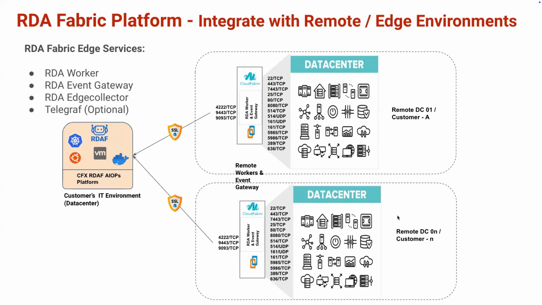As depicted in the picture, the platform will not have direct access to the end infrastructure. The platform will send the instructions to the worker, and the worker will have access to the endpoints. It uses industry standard protocols and ports, like the ones listed here: 22, 443, 80, either TCP or UDP, whichever programmatic interface is supported by the endpoints.